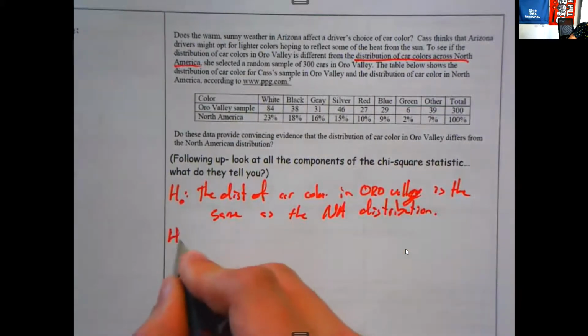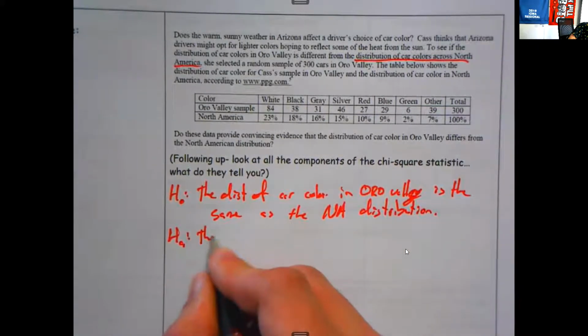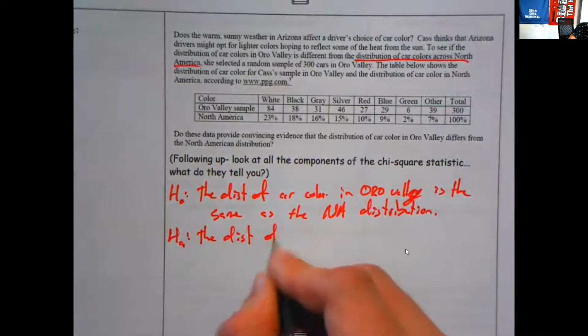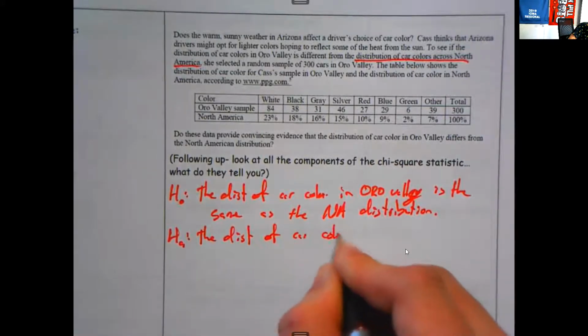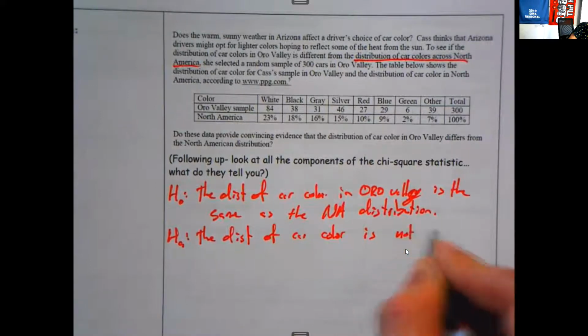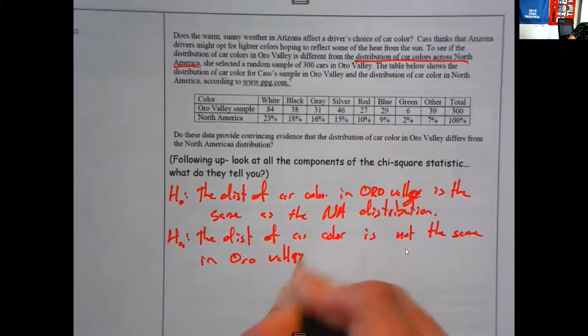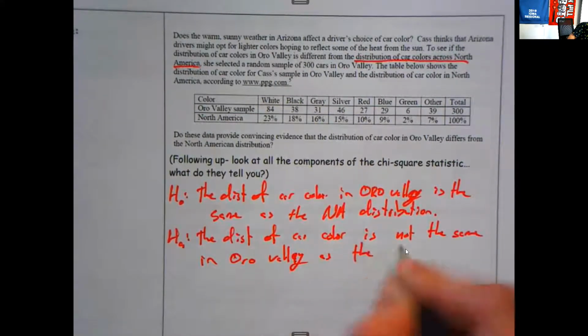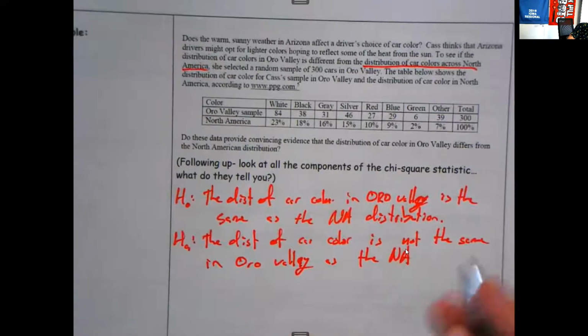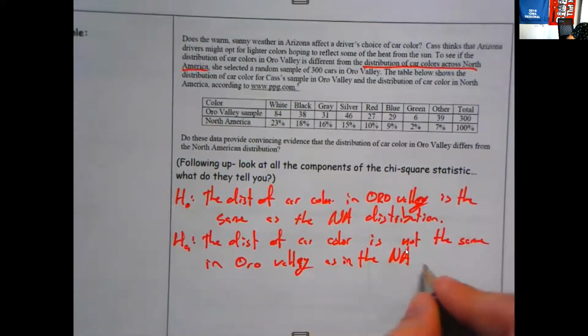And the Ha is that the distribution of car color is not the same in Oro Valley as the North American distribution.